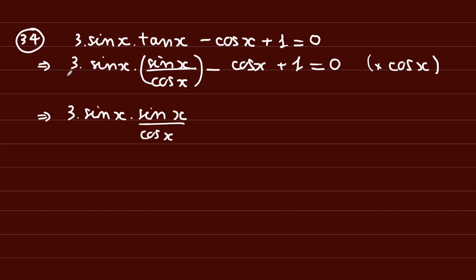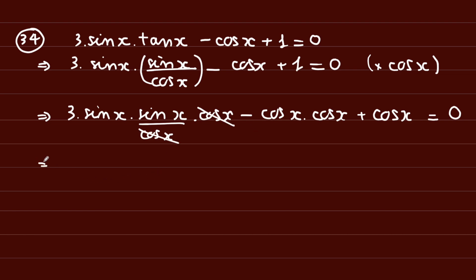The first term of this expression will become multiplied by cos x here. The second term cos x will be multiplied by cos x like this, and 1 multiplied by cos x equals cos x, and 0 multiplied by cos x is also 0. After this step, this one can be simplified with this one, and after that you get 3 sine square x minus cos square x plus cos x equal to 0.